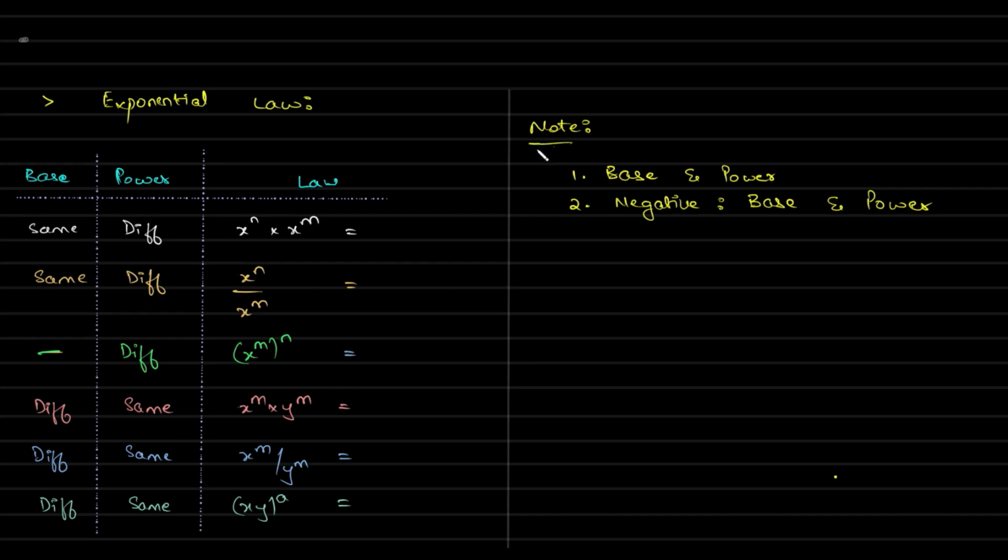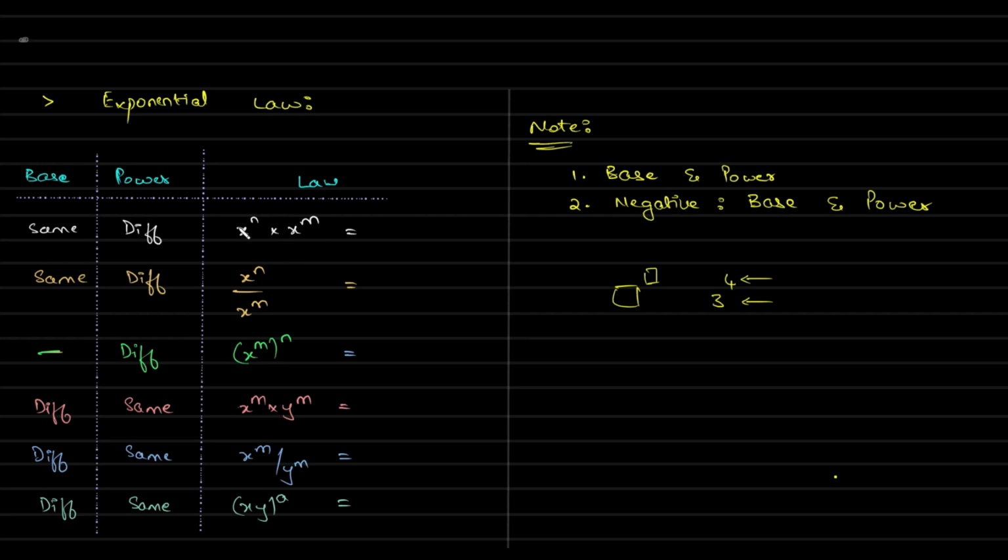So I made a small note that whenever you write an exponent, the number or the variable which you write is the base, and the other number on the top is your power. Okay, so 3 and 4. 3 over here is the base and 4 over here is the power.